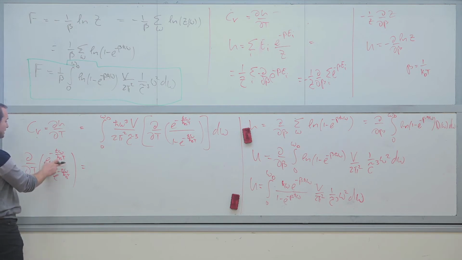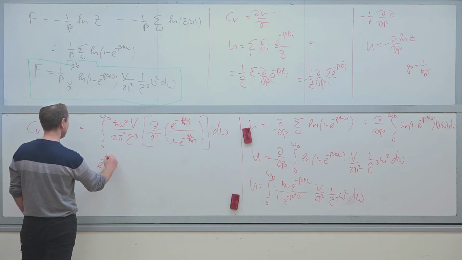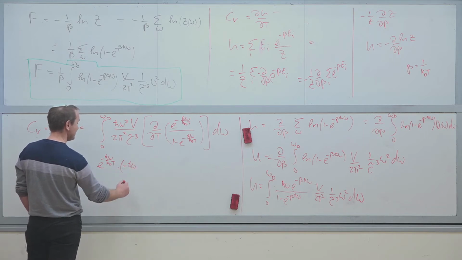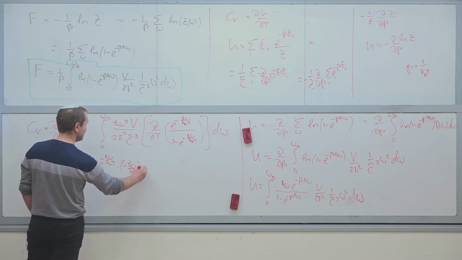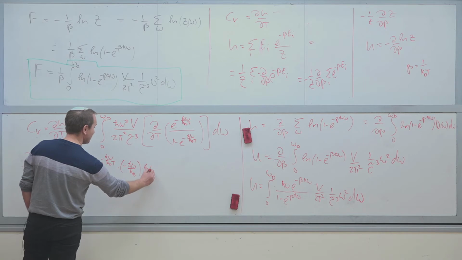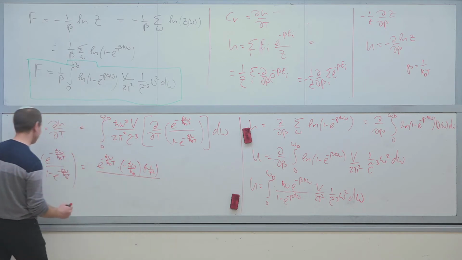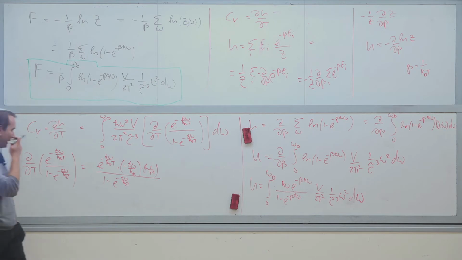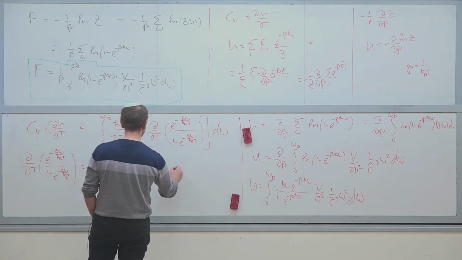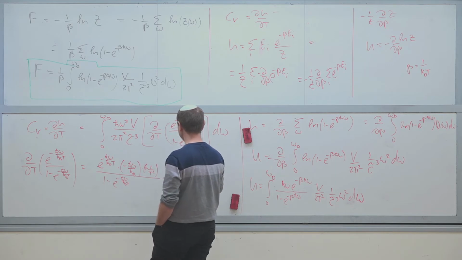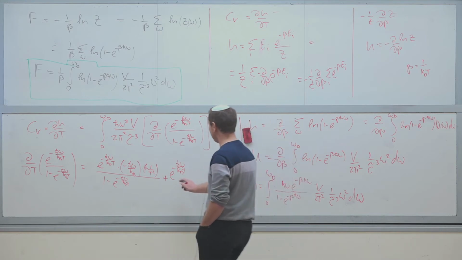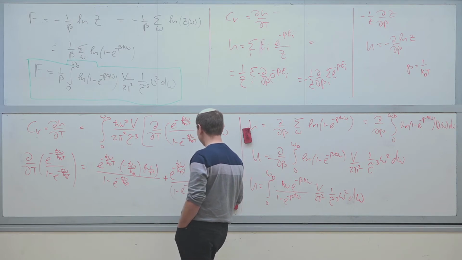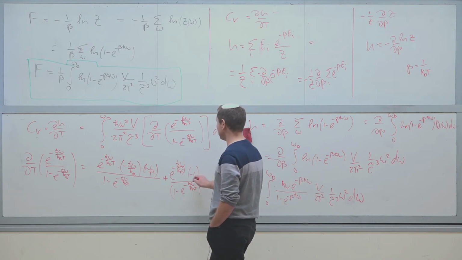First of all, let's take the derivative of the numerator, which is e to the power minus h bar omega over k Boltzmann T multiplied by minus h bar omega divided by k Boltzmann multiplied by minus 1 over T squared, all of this divided by 1 minus e to the power minus h bar omega over k Boltzmann T, plus e to the power minus h bar omega over k Boltzmann T. And here we have 1 minus e to the power minus h bar omega over k Boltzmann T squared, multiplied by minus 1.